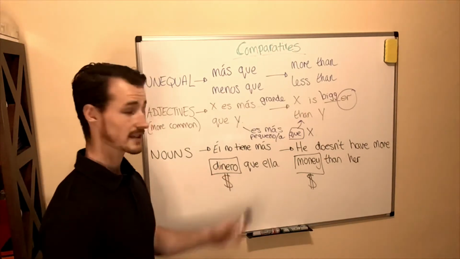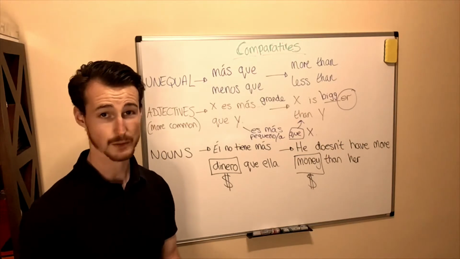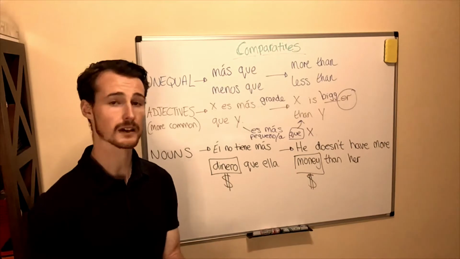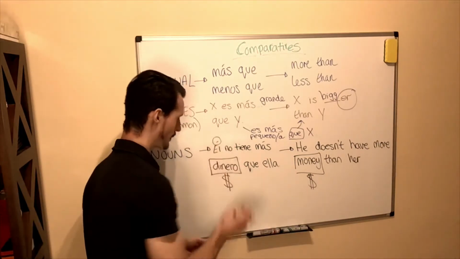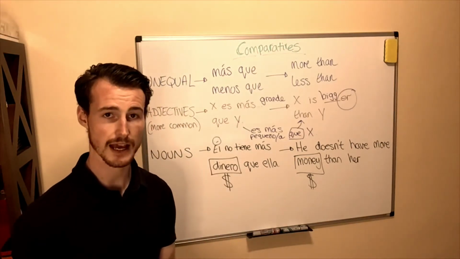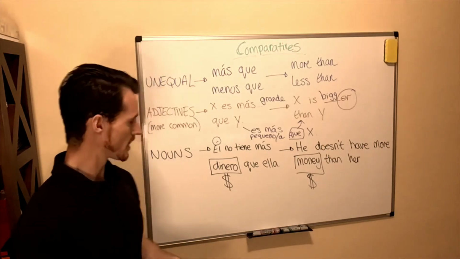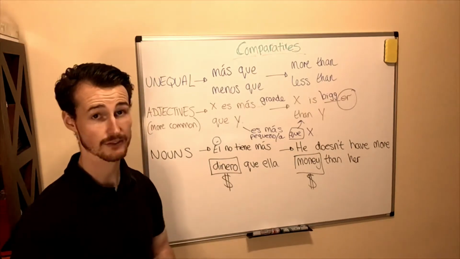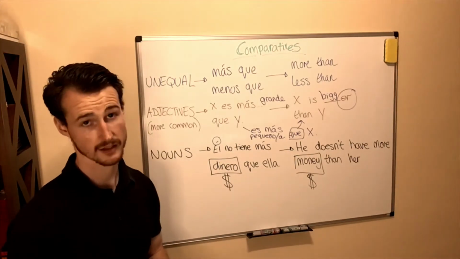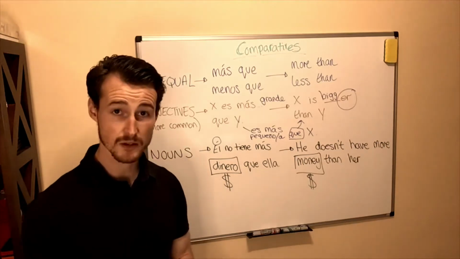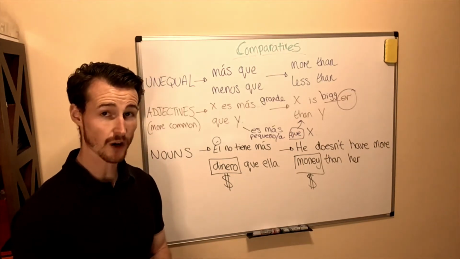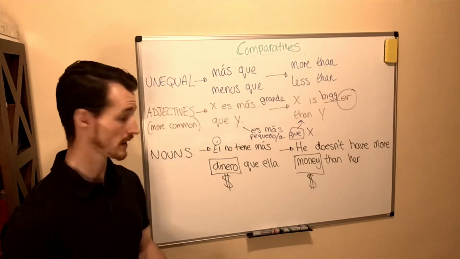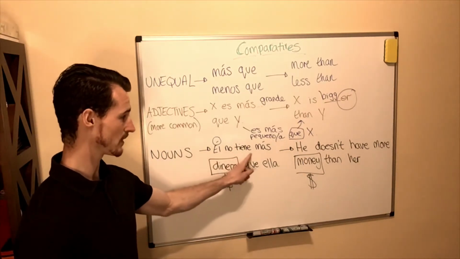How do we know that this is he and not the? For example, el dinero, the money, and he, because of this little accent mark above the E, okay? Él no tiene más dinero que ella. He doesn't have more money than her, okay? So we're using the comparison not only to talk about a comparison with a noun, but also in a negative way. So we're using no tiene, okay?